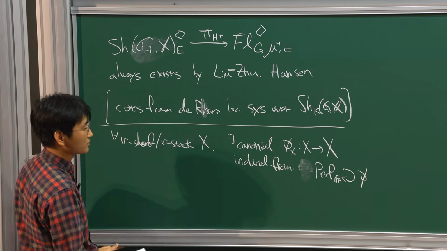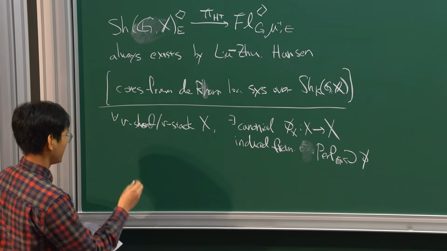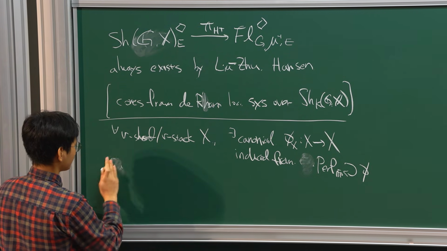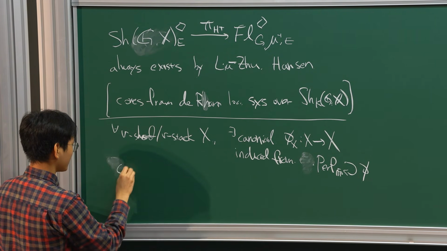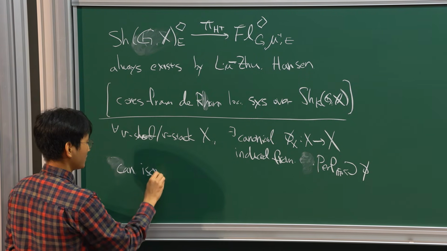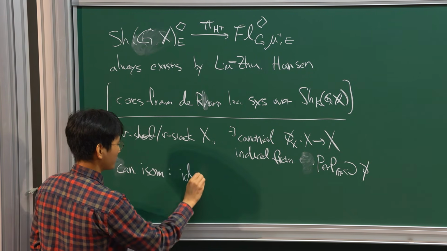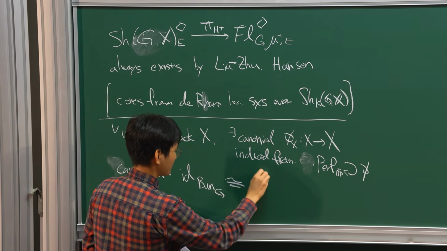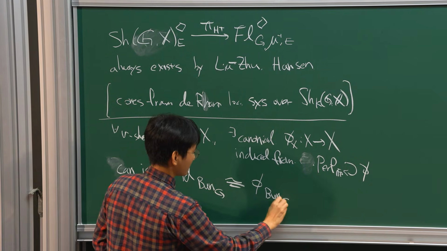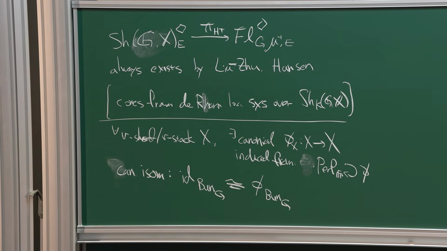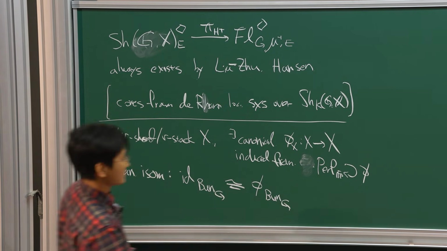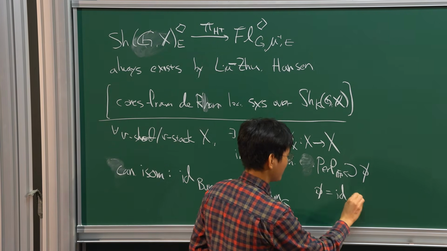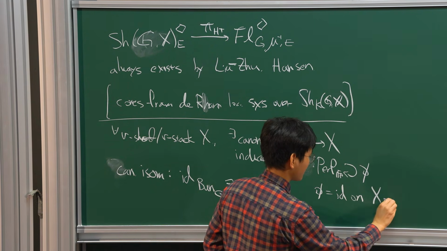And then I want to also note that there is a canonical isomorphism from the identity map on Bun_G to the Frobenius of Bun_G, which is admittedly a little bit confusing, but the idea is that the Frobenius acts as the identity on the Fargues-Fontaine curve.